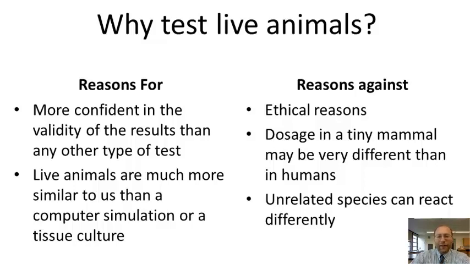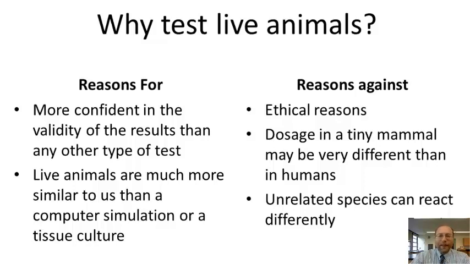And of course, you cannot do these tests on people. That's just not ethical, to test to see how dangerous a chemical is on a person. Of course, there are people who would say that it's not ethical to test these things on mice or rats or rabbits or any other types of animals.